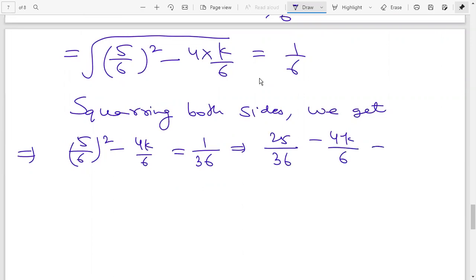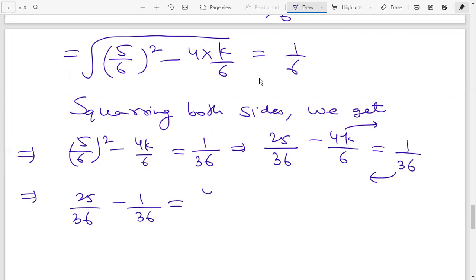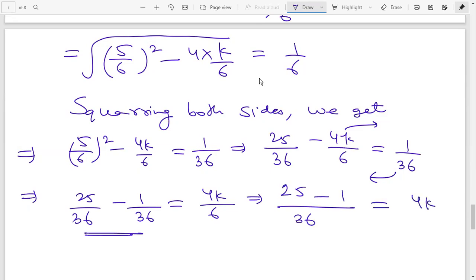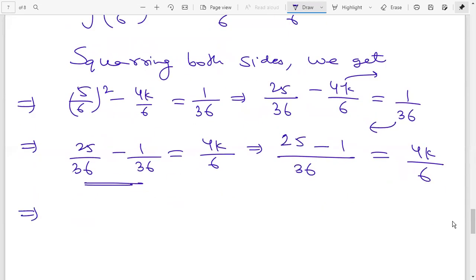So minus 4k by 6 equal to 1 by 36. Now this will go to the right hand side and that will come to the left hand side. So 25 by 36 minus 1 by 36 equal to 4k by 6. Taking the LCM 36, this will be 25 minus 1, which is 24 by 36, equal to 4k by 6.